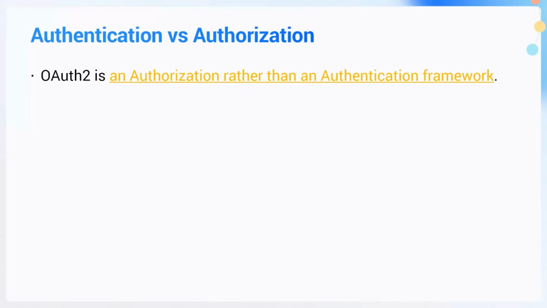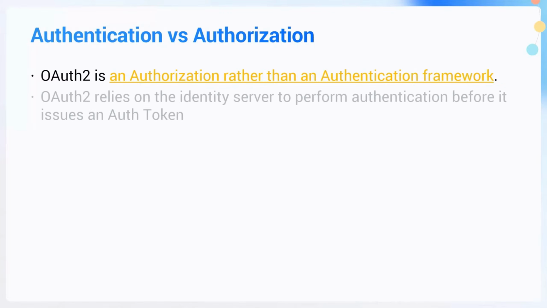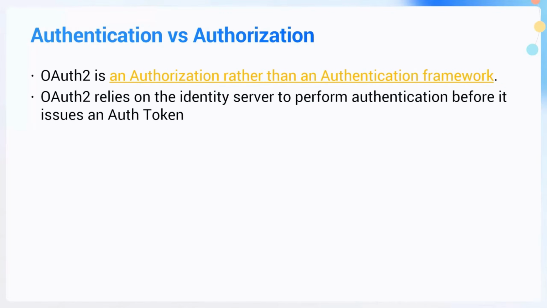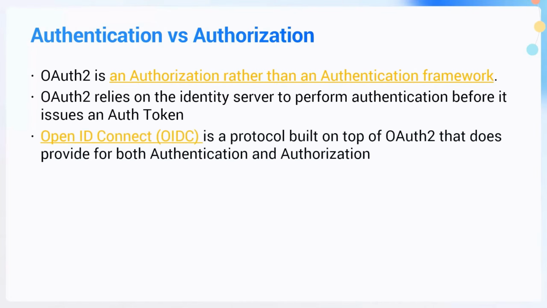It's not specifically meant to be used for authentication, but it does rely on the identity server to provide authentication before it issues an OAuth token, which is how we're able to use OAuth2 to do authentication, even though it's not specifically an authentication framework. If you're interested in more about this, there is something called OpenID Connect, a protocol that's built on top of OAuth2 that actually provides for both authentication and authorization.